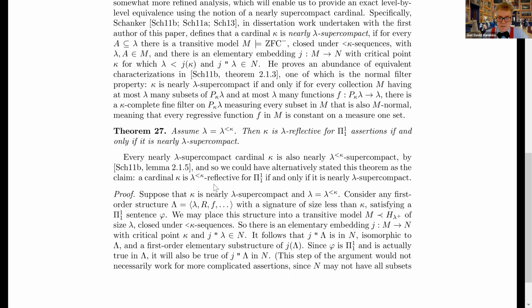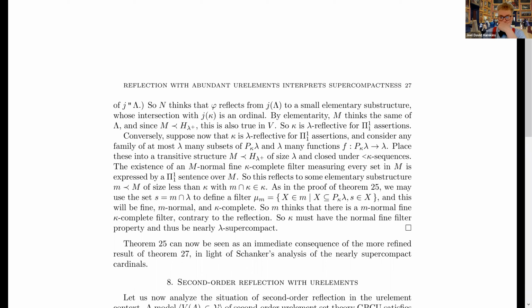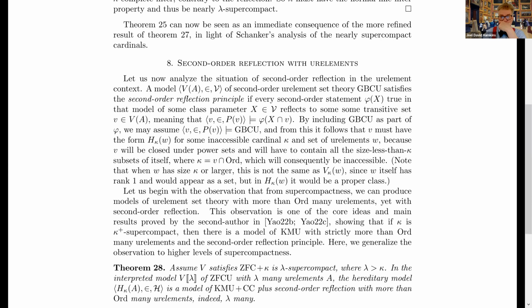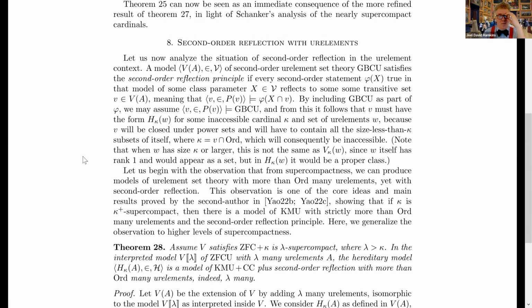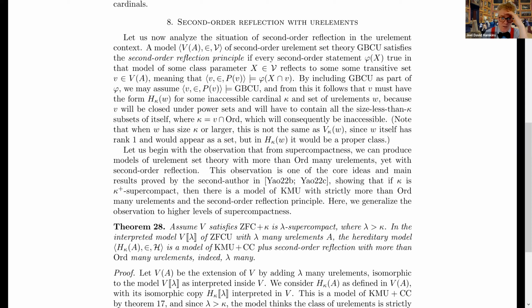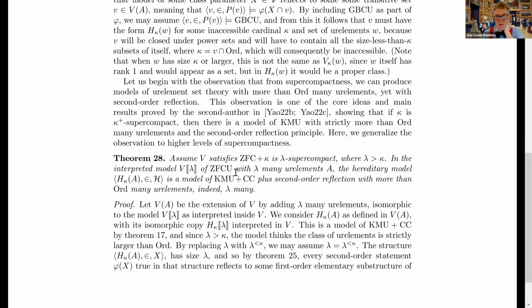And okay. So now let's move to second order reflection with elements. So if you start with a model, so this is really the main observation that appeared in Yao's, my co-author Yao's dissertation and his paper that was just published.